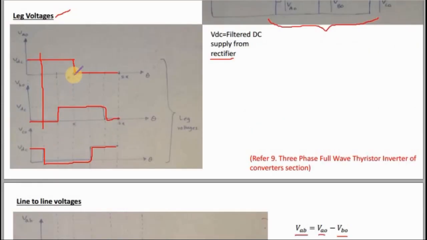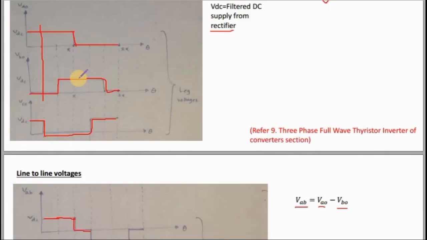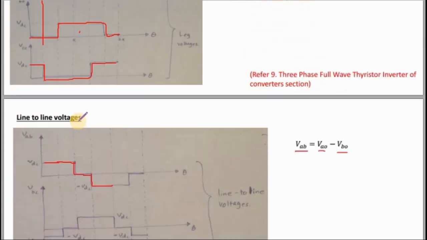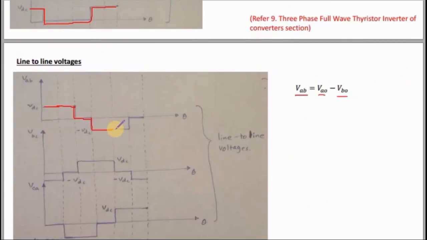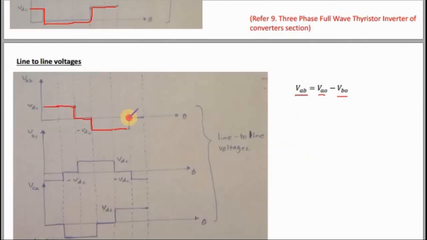Then this one, VDC minus VDC. That is 0. This one, 0 minus VDC. That is minus VDC. 0 minus VDC, then 0 minus 0 is 0.